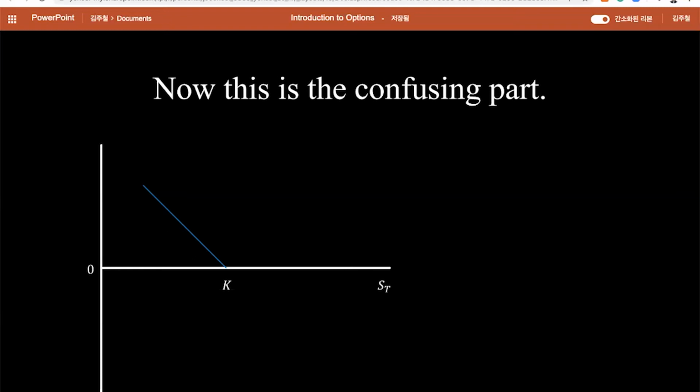So it is also a right, but this right is a right to sell something. And this right to sell something is called the put option.